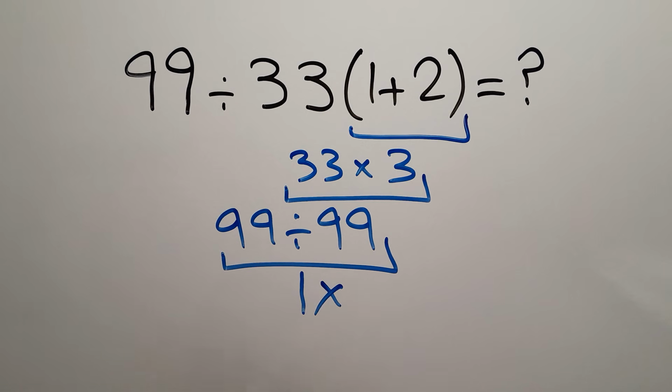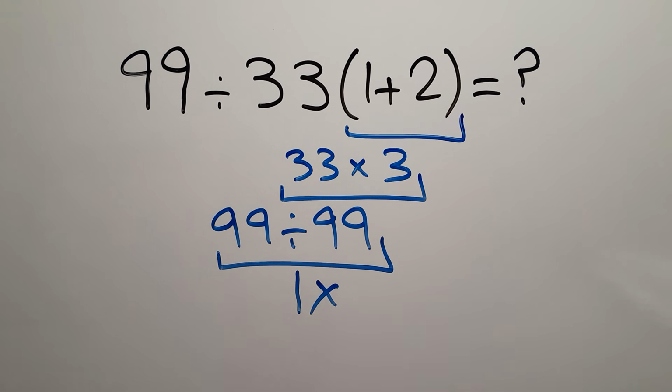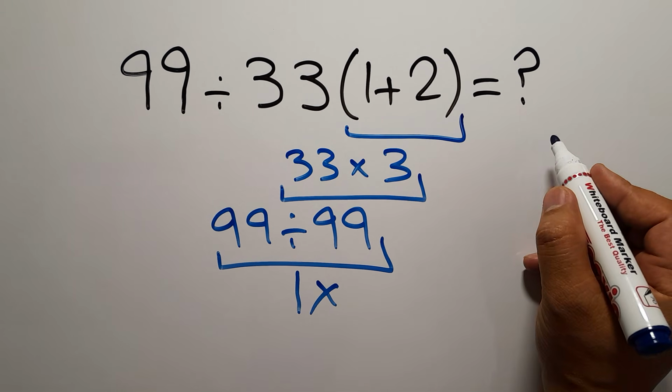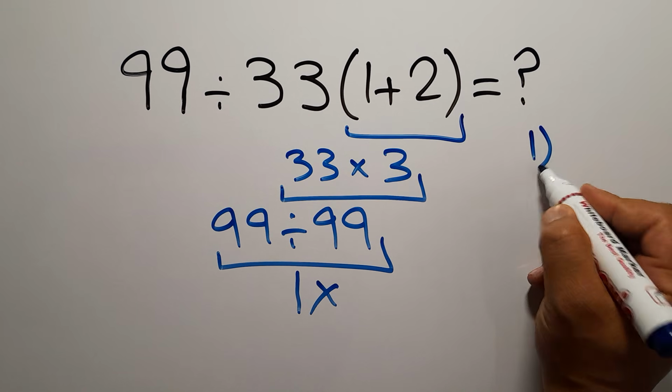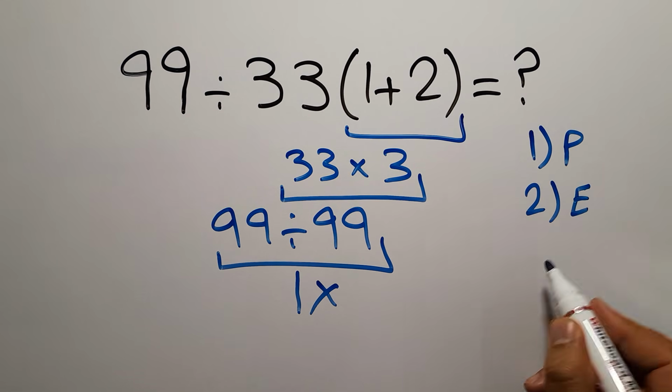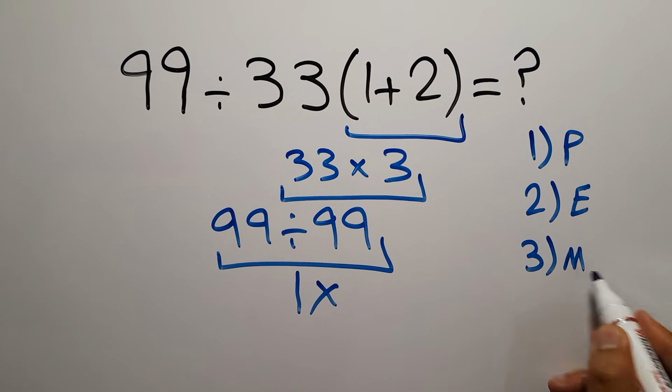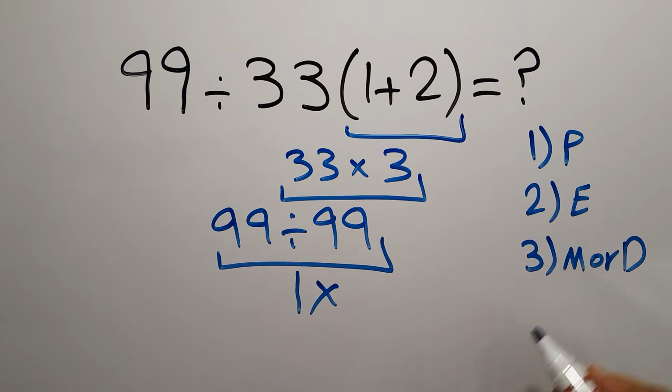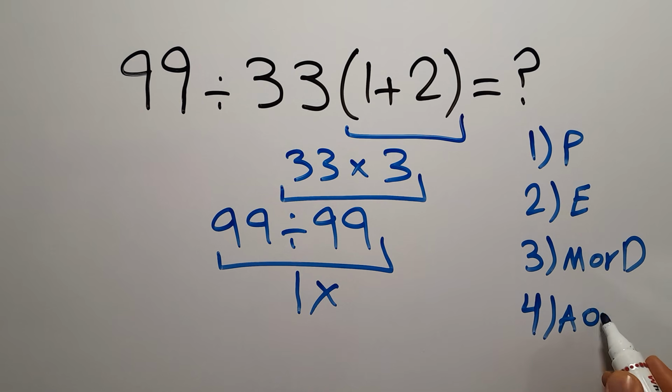But this answer is not correct because according to the order of operations, first we have to do parentheses, then exponent, then multiplication or division, and finally addition or subtraction.